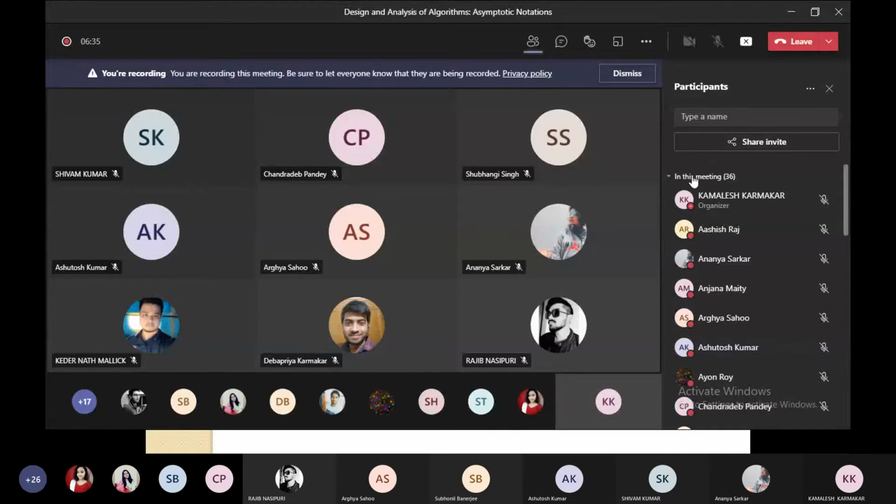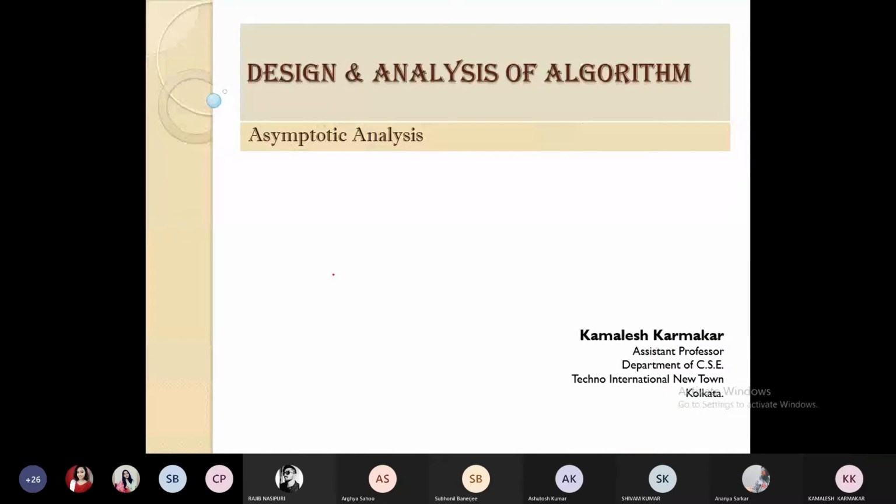At this moment, 35 minutes are gone. Okay, fine, so let us start. In the last class, basically during lab, we discussed the difference between actual time calculation and asymptotic representation of the complexity of an algorithm.